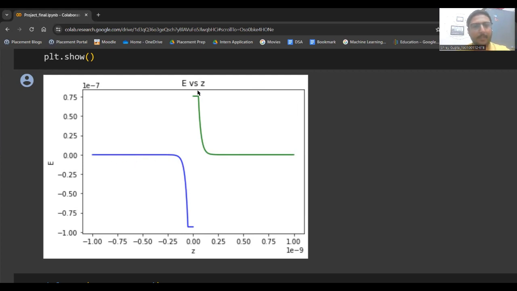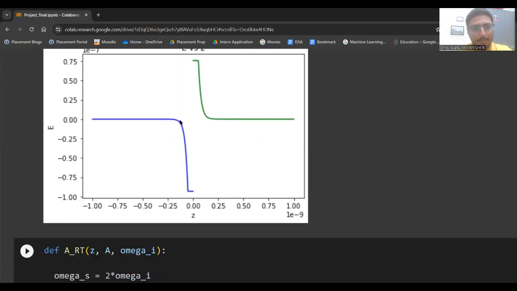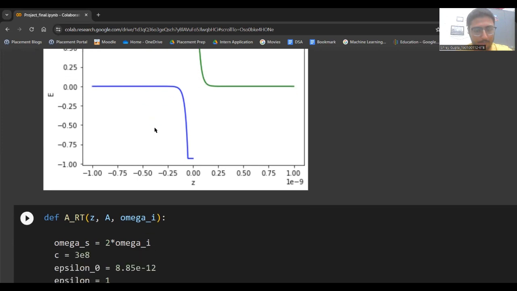It shows that the second harmonic wave is generated within the region, and it is a very significant amount. Due to that scale, it is not showing the waveform, but it is a waveform. And after the thickness, the wave is dying out since the susceptibility is going to zero, and similarly for the reflected wave.